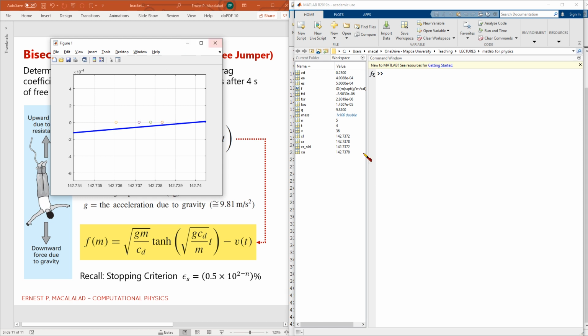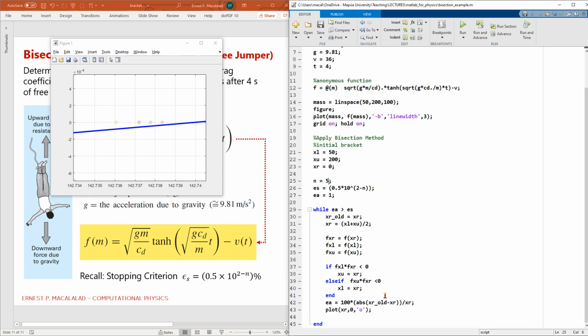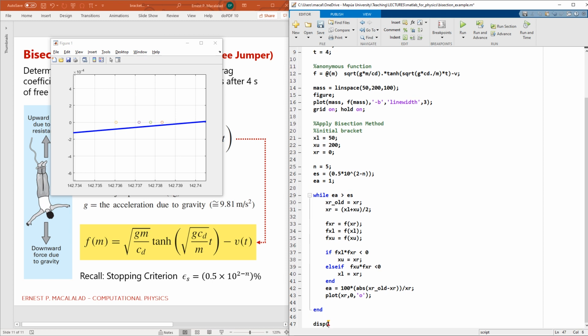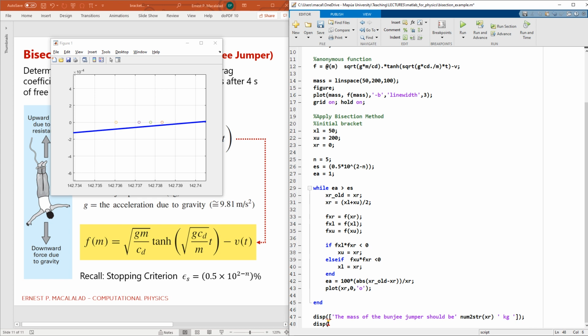Okay, that's it. So let's just finish this with some display in the command window. So let's have display the mass of the bungee jumper should be, and then to string of XR in kilograms. Then let's have another display in the second line.